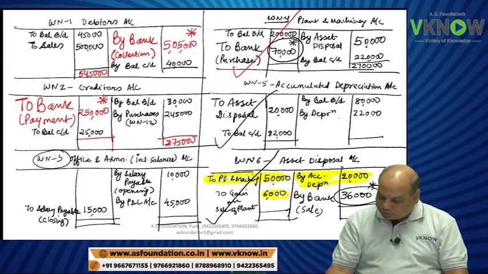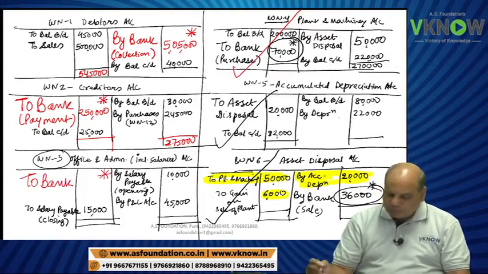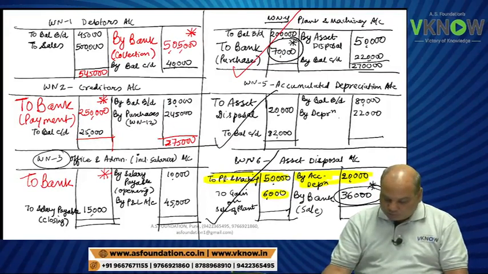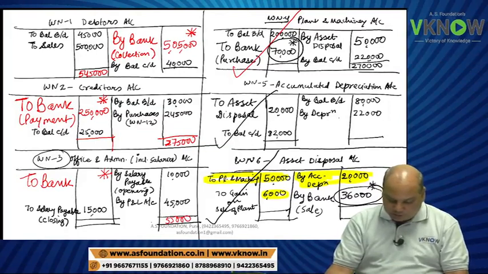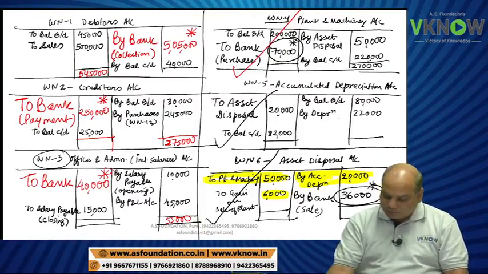And come to office and administration expense, to bank. How much is this account? Credit side 55,000 minus 15,000. So 40,000 rupees is payment made for office and administration expense.